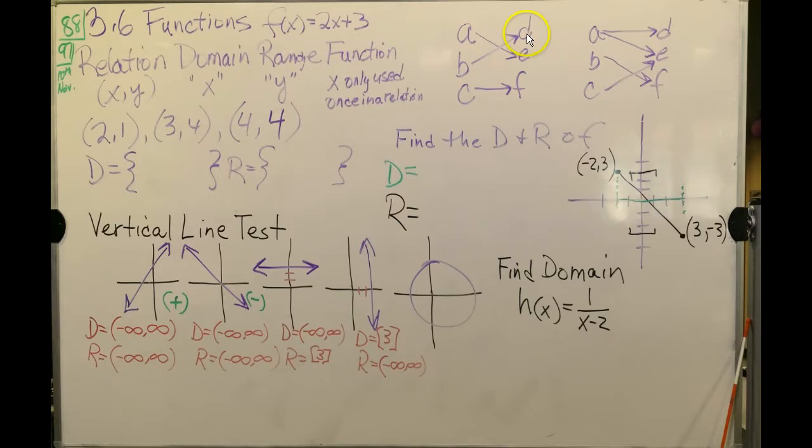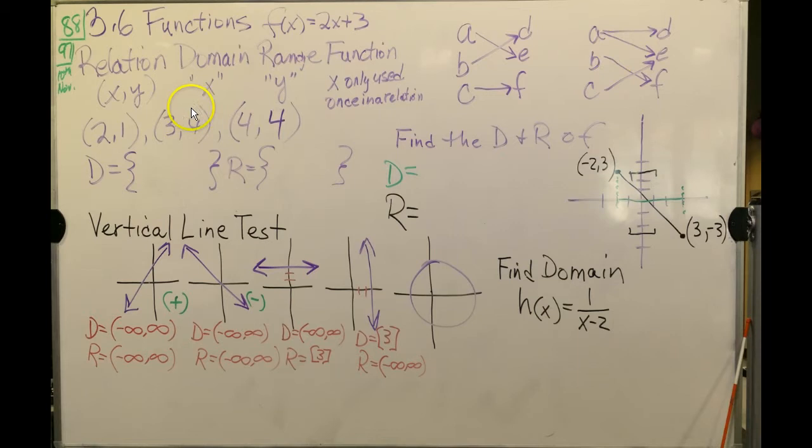B is only used once. C is only used once. These are a relation, but since the x elements in this first column are only used once, this would be an example of a function. Where in this example, A is used with D, it's also used with E. So A, the element, is used twice in the x column. So this is not a function.